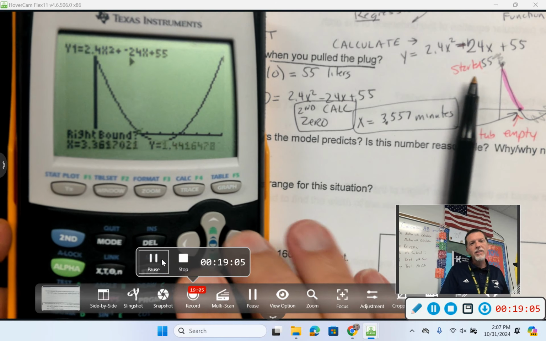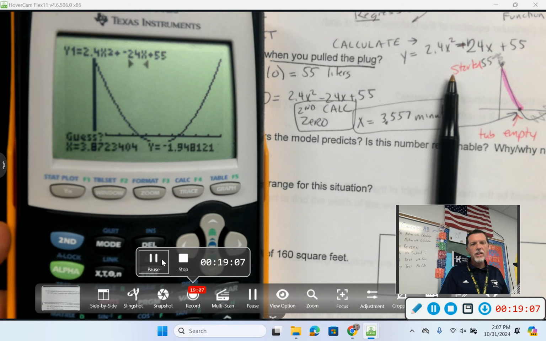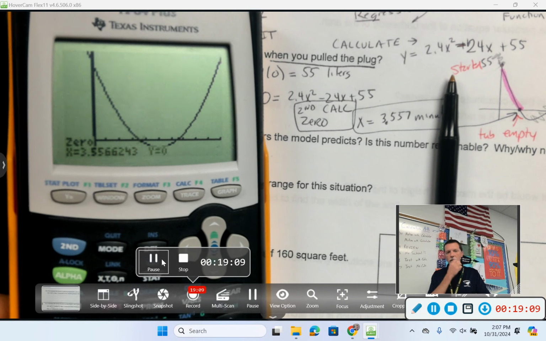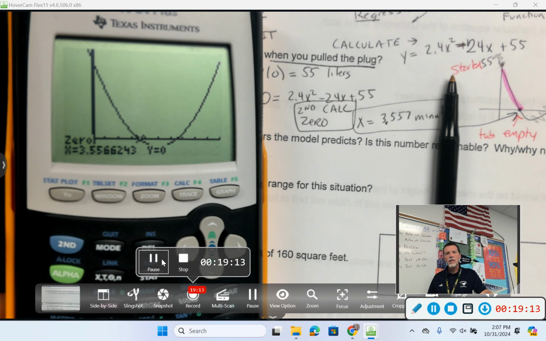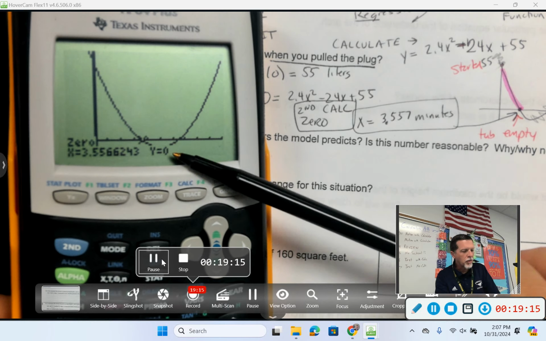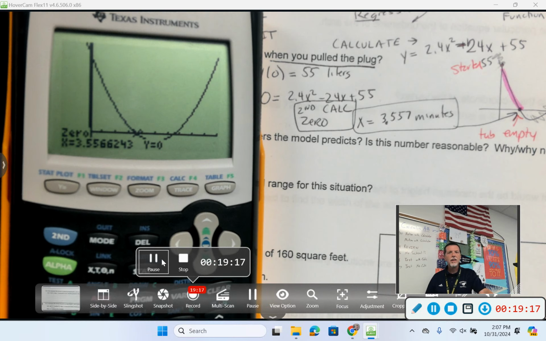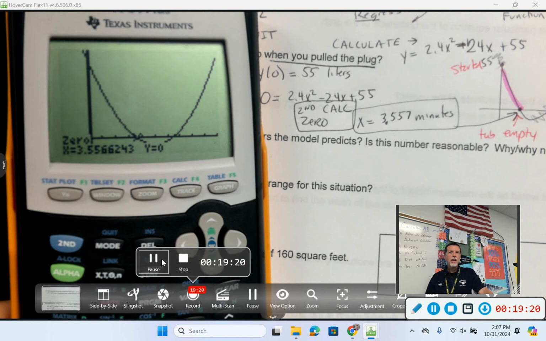Right bound means get to the right of the 0 and press enter. And then you can just press enter again for guess, 3.557. And it kind of confirms that y equals 0. All right, everybody got that on your calculator?